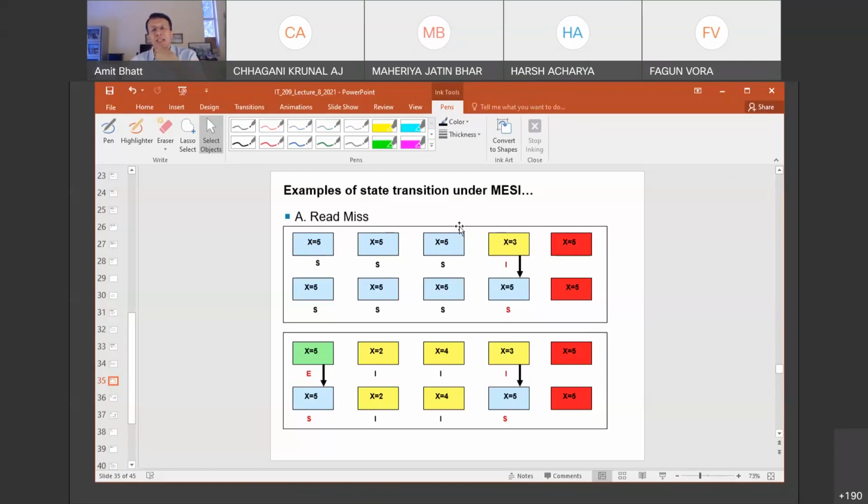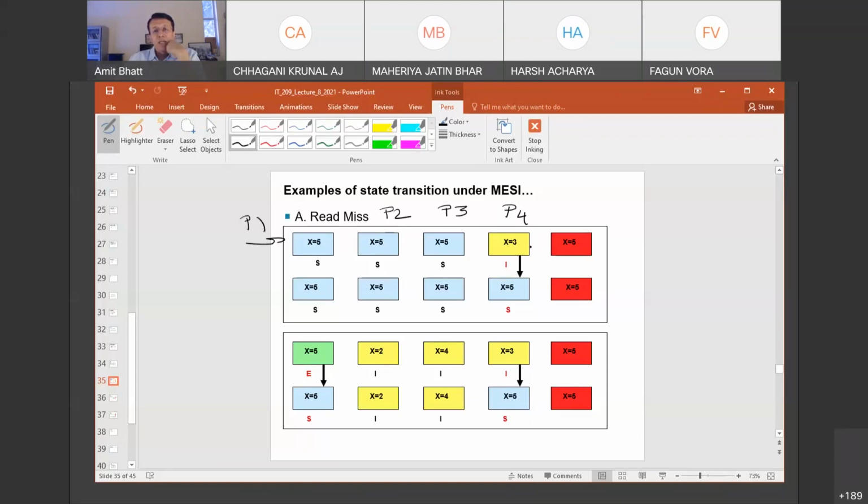Now look at this particular case, and every time I will refer to what P4 is demanding. So this is P4, this is P3, this is processor 2, and this is processor 1.